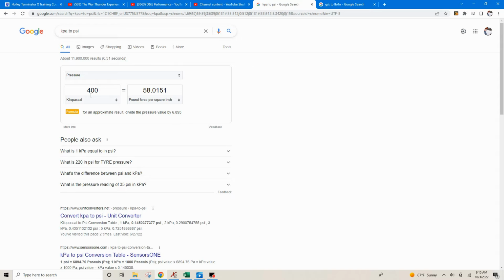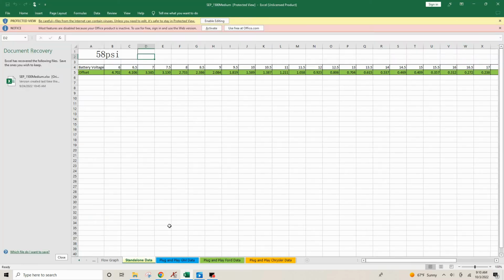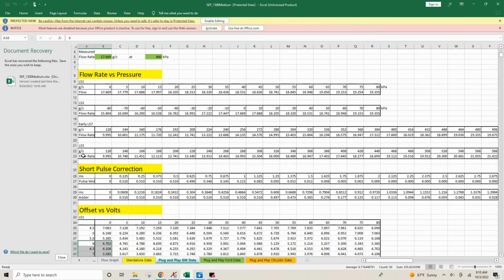Since 400 is almost 60, we need to go over to the chart, into our plug and play, go back over to our LS3 chart, and see where our gallons per second is on the chart.